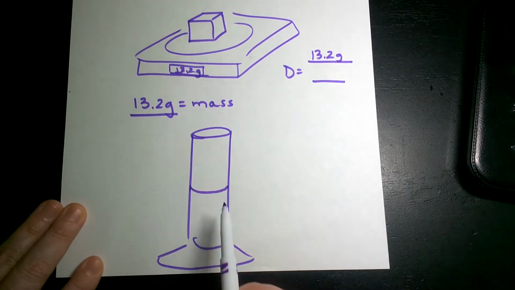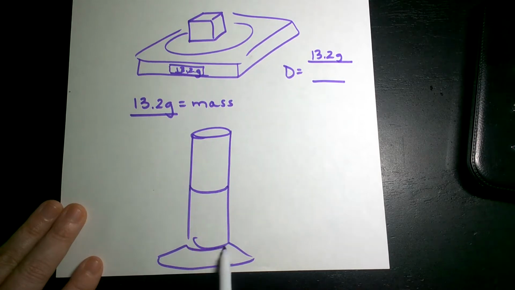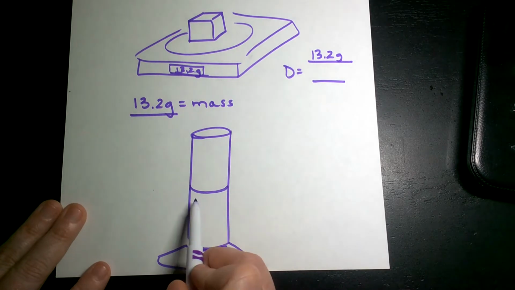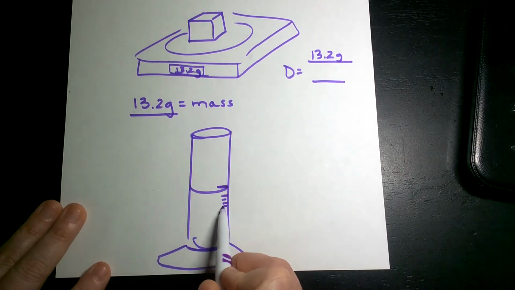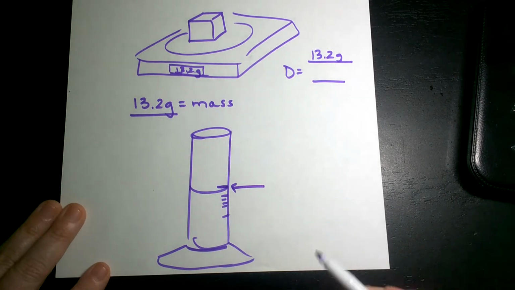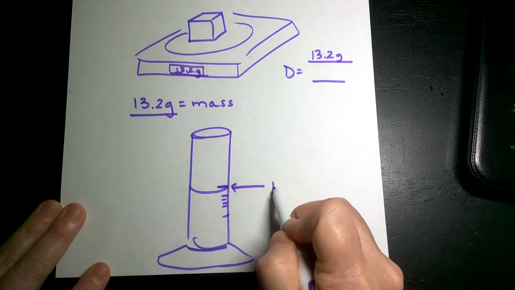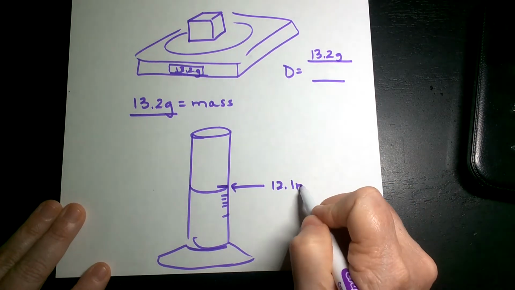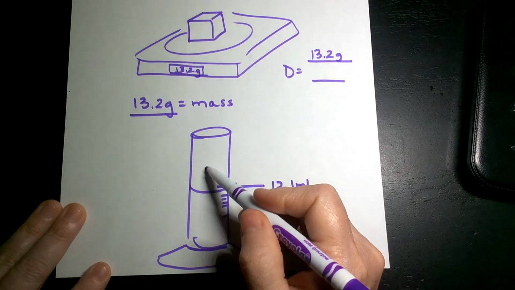We'll fill it up just enough that it would cover the cube if I put the cube in here, but not so much that it would go out the top. All right, so whatever measurement that is, before you put the cube in, you measure it. So let's say it says 12.1 milliliters. And then you put the cube down in it.